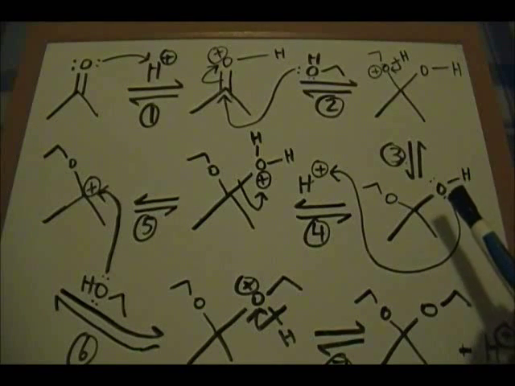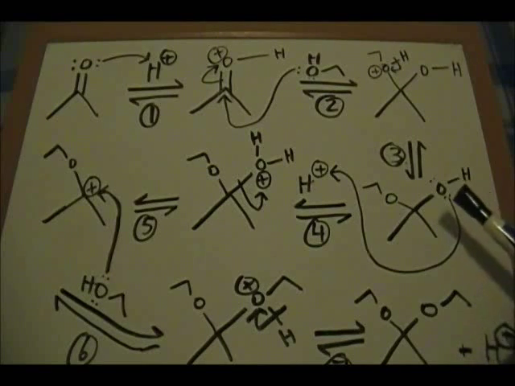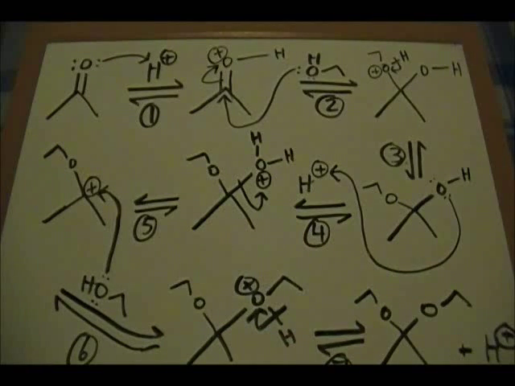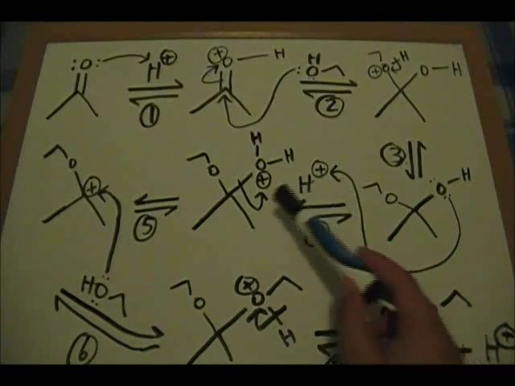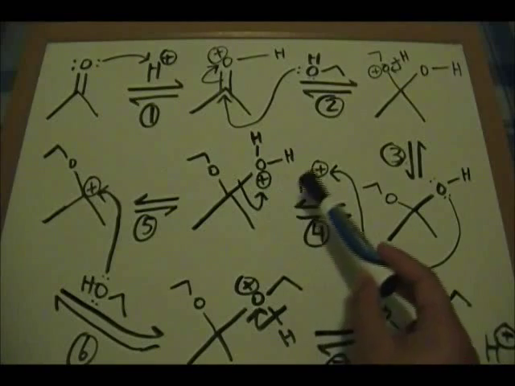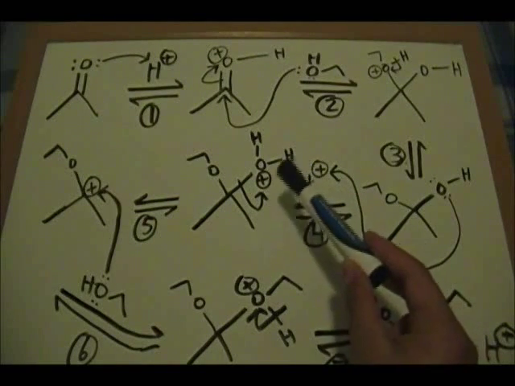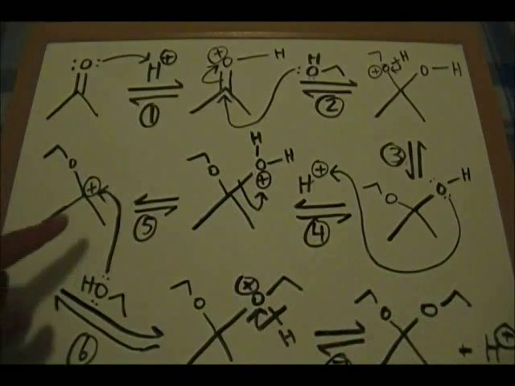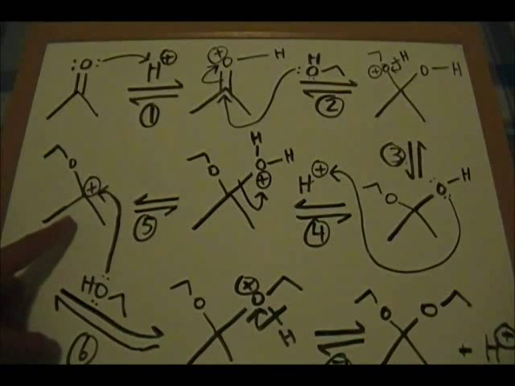You protonate this alcohol using its lone pairs to form a bond between the oxygen and the hydrogen. Now you've formed a pretty good leaving group. You kick off this soon-to-be water, okay? And now you have formed a carbocation, okay?